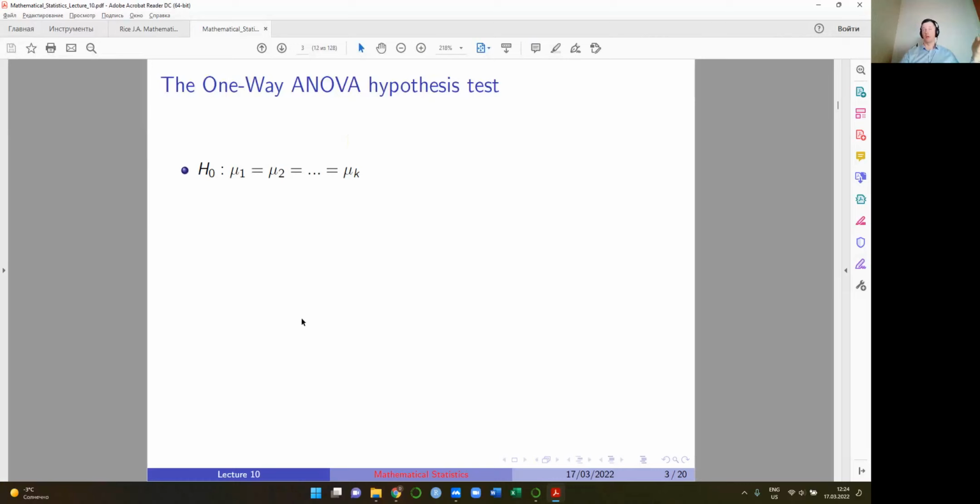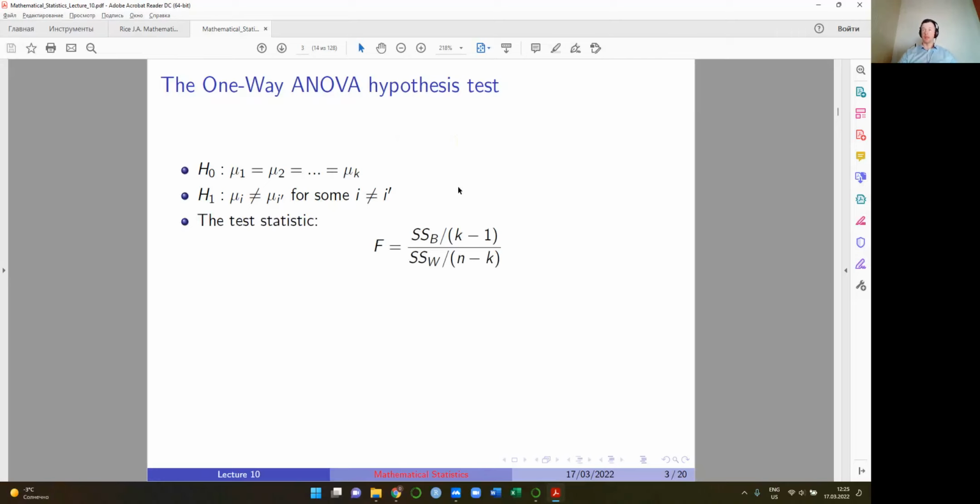So formally, we test this hypothesis, the hypothesis that several population means are equal. So mean mu1, mu2, up to mu_k. And the alternative hypothesis is that means are not equal for some particular pair of groups, i and i prime.